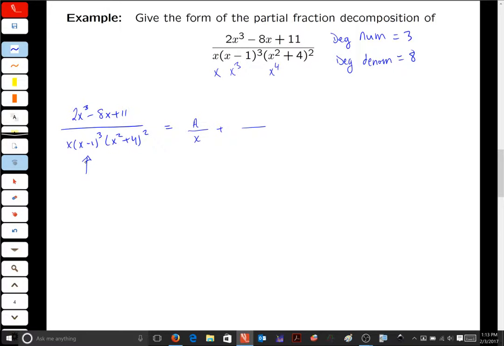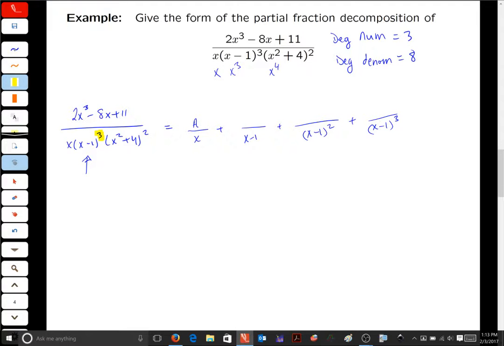But what is the first power of x minus 1 that we're going to have? 1. So I need an x minus 1. Then I need something over x minus 1 squared, and then something over x minus 1 cubed, because it goes up to the cube on the power. So I have to represent all the fractions up to that power.